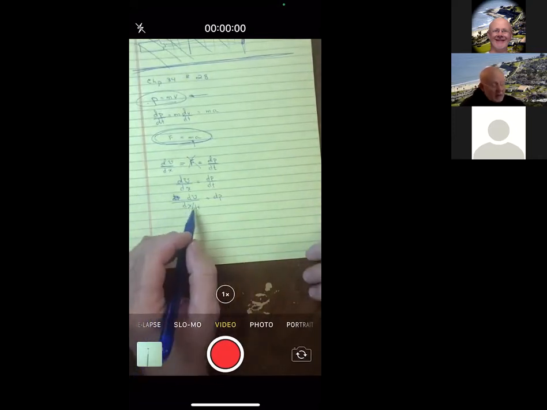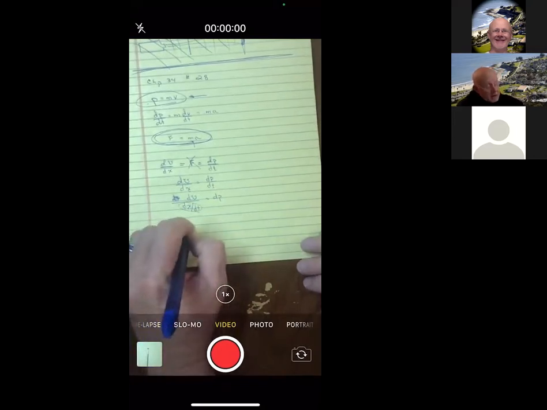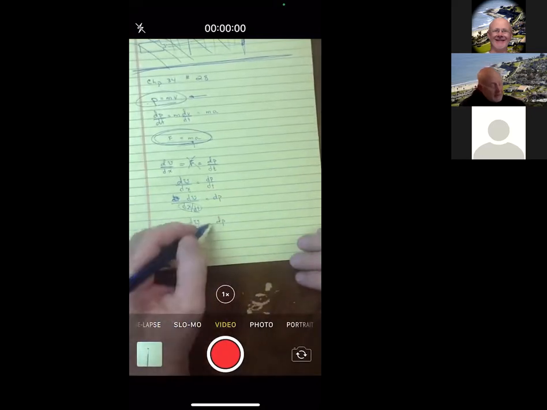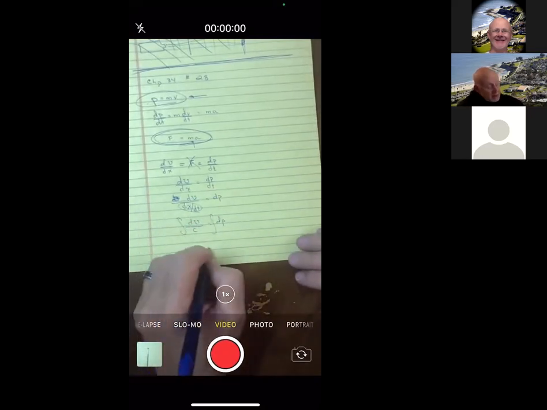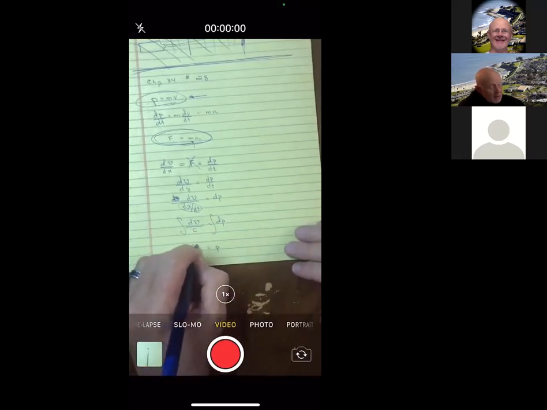This would be saying, how does the radio wave or the light wave change with position? Well, that's the speed right there. So du over the speed of light is dp. And then if you integrate, you're going to say that p for momentum would be the energy over c.